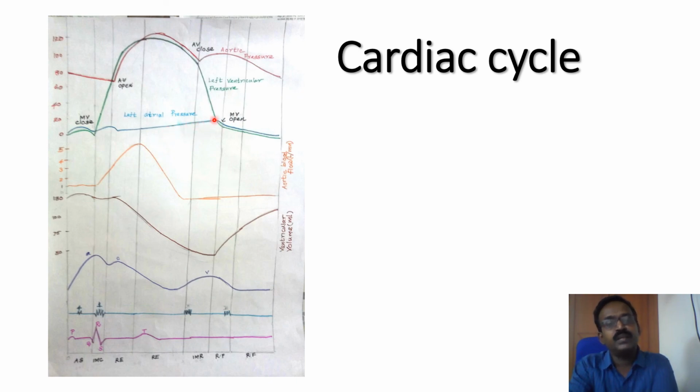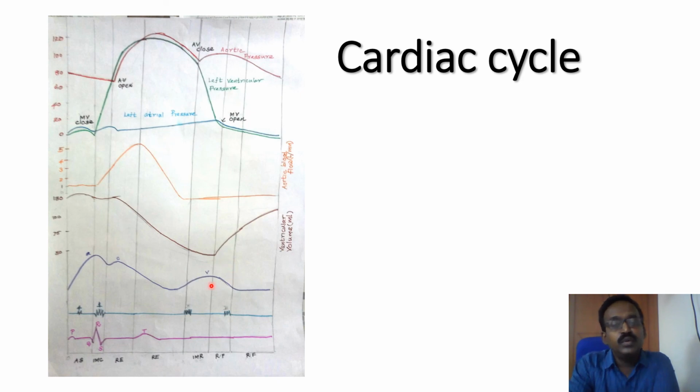Atrial pressure gradually increases. Ventricular pressure is decreased. There is no change in ventricular volume or aortic flow.